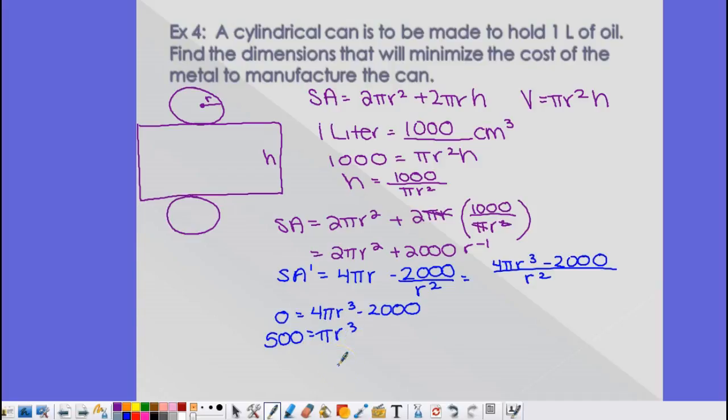So we get 500 equals pi r cubed. 500 divided by pi is going to be a decimal. So you get r equals the cube root of 500 over pi. I didn't write down its approximation.